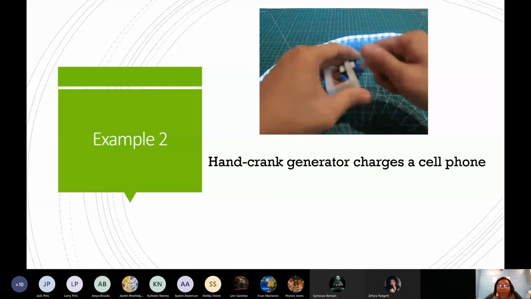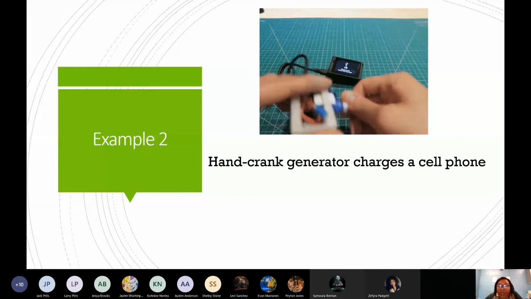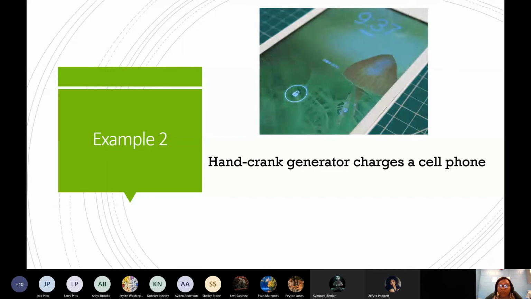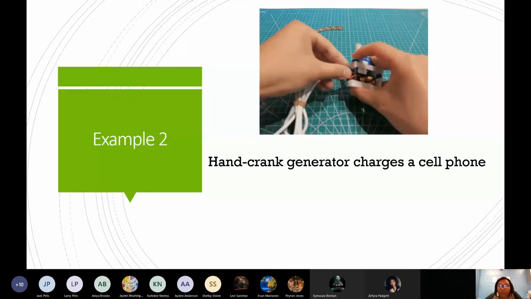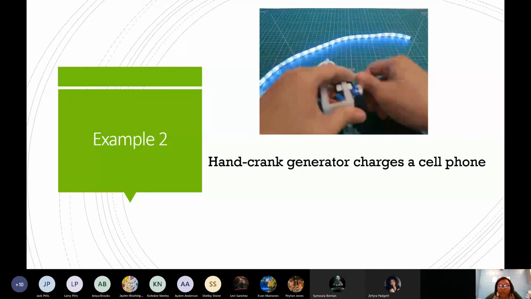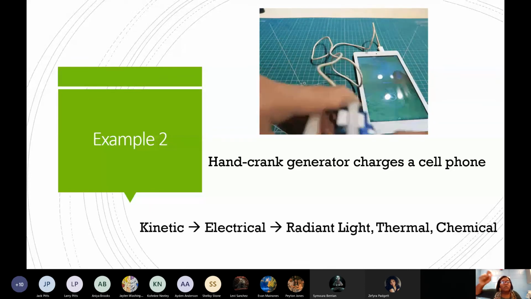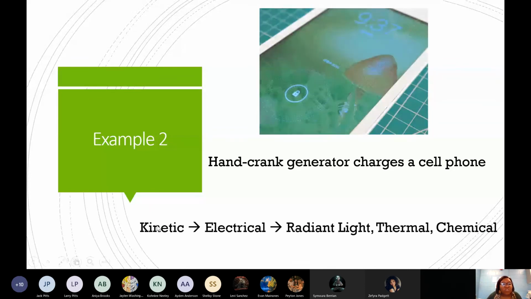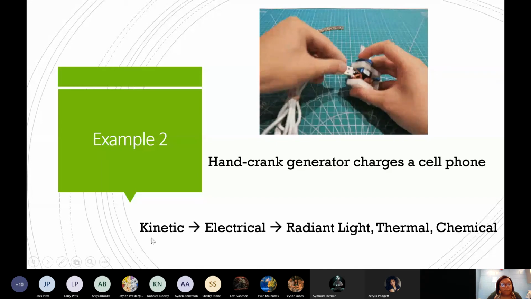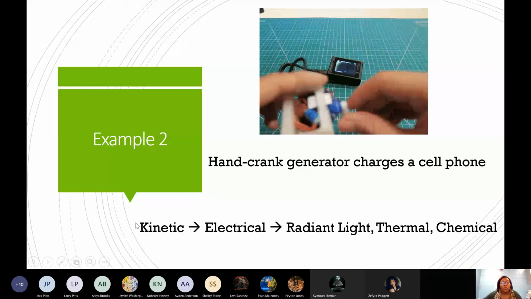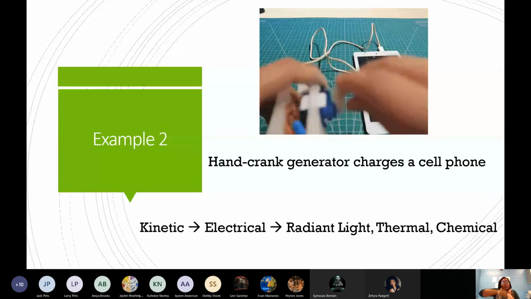What energy transformations are we seeing here? Why would Miss Neville say that kinetic energy is starting this? What's he doing? What's the power source?